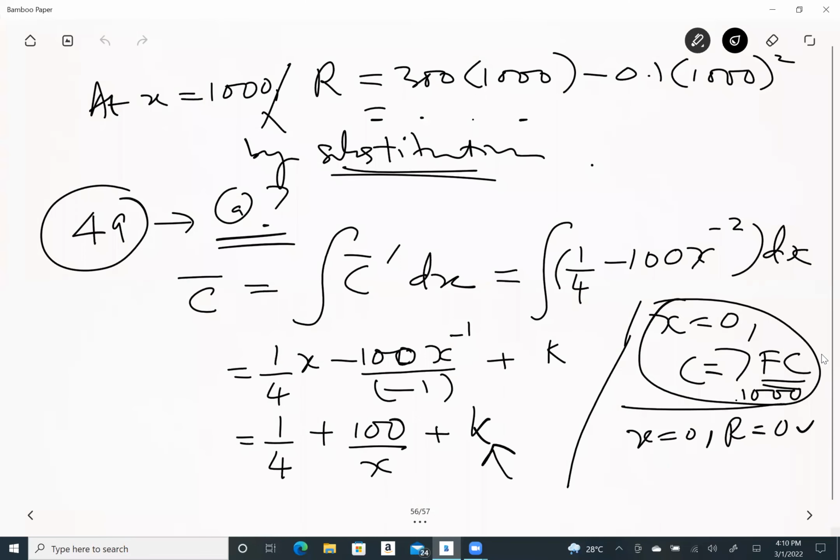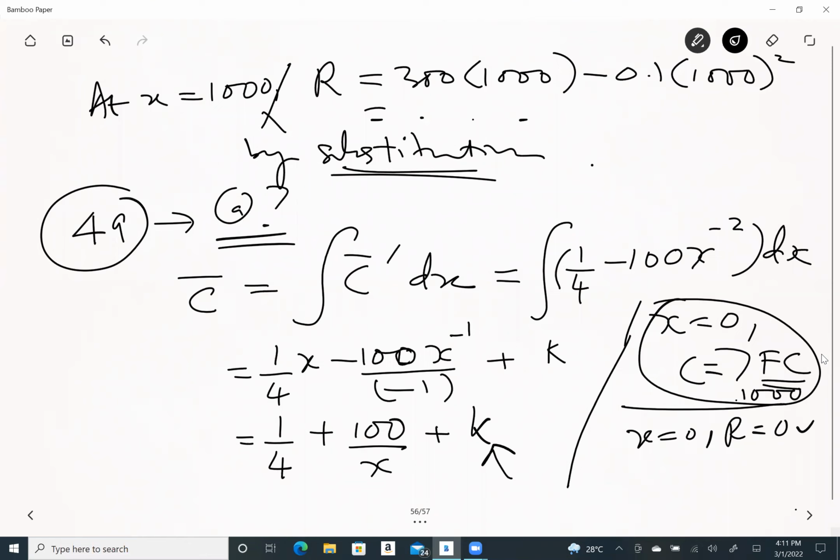So we put into that, I got 1/4 plus 100 over x. What do you get? Try it and see. Is that right? You check my integration.